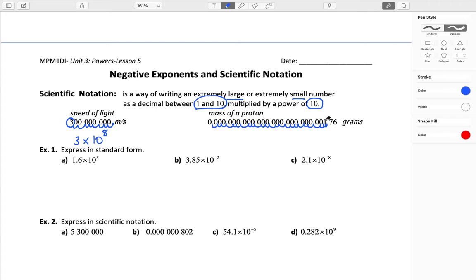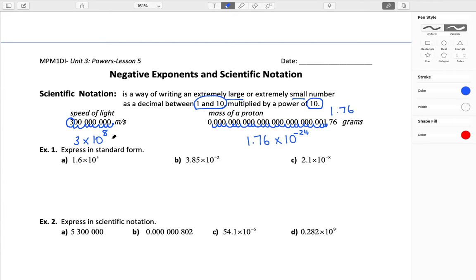So I stop at 1 because, like I said, the decimal point should be after a non-zero number. We moved 24 steps. So our decimal is now at 1.76, so 1.76 times 10 to the, because it's such a small number, we put negative 24.